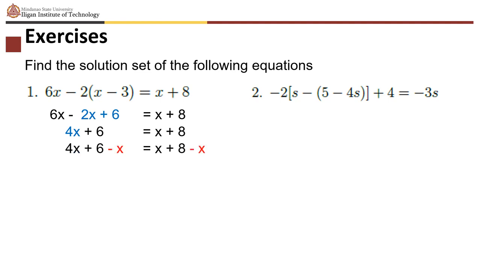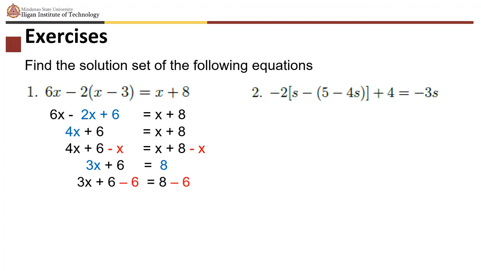Next, we can subtract x on both sides of the equation. So we will have 4x minus x plus 6, which will give us 3x plus 6 on one side, and x plus 8 minus x will give us 8 on the other side. And what's next?